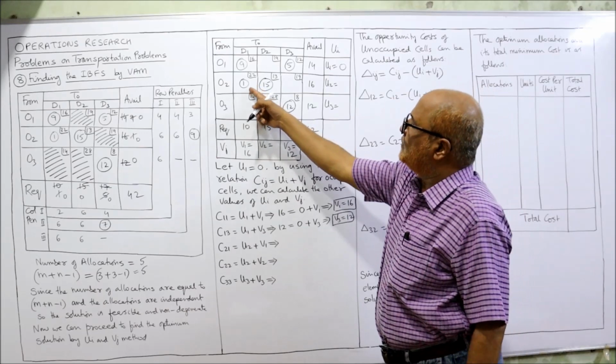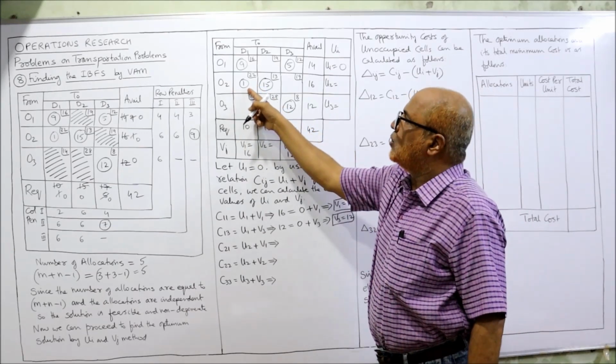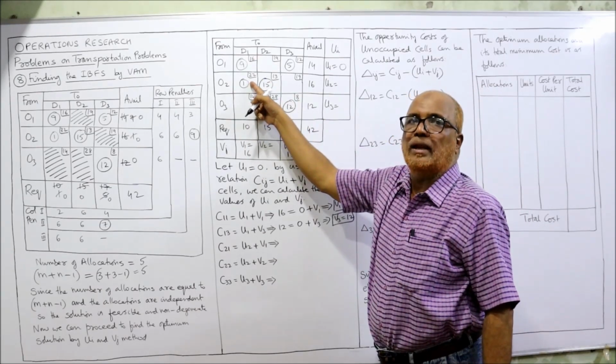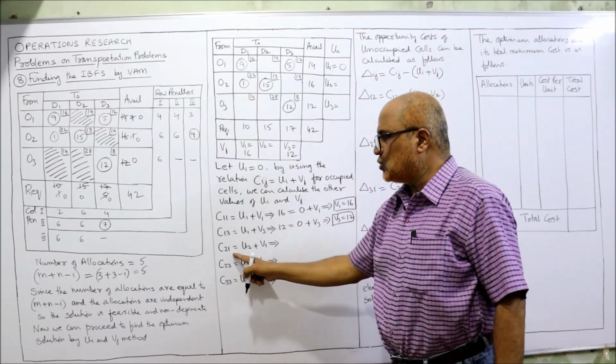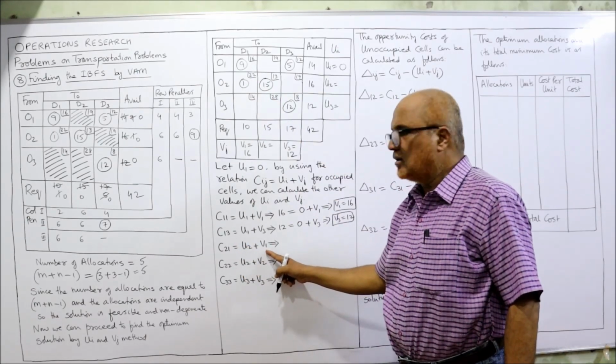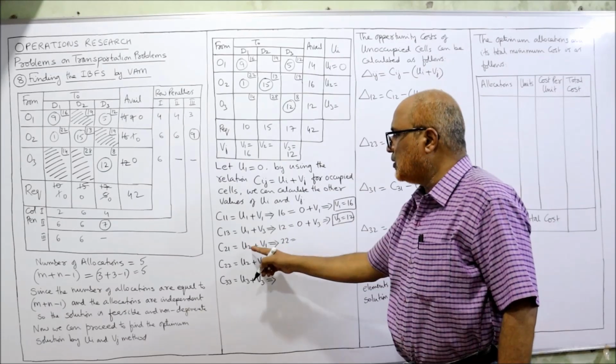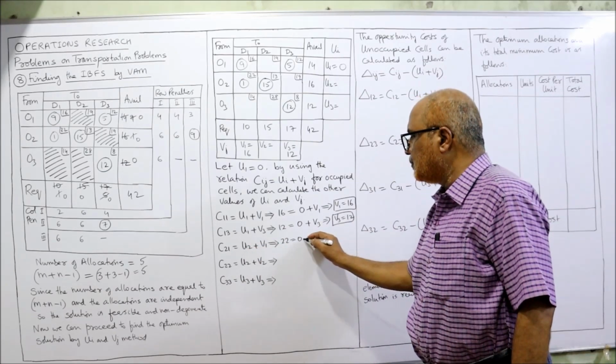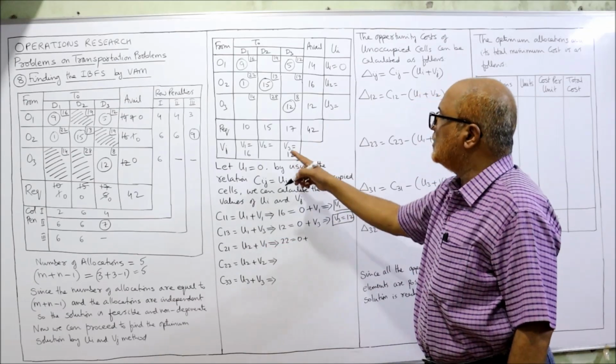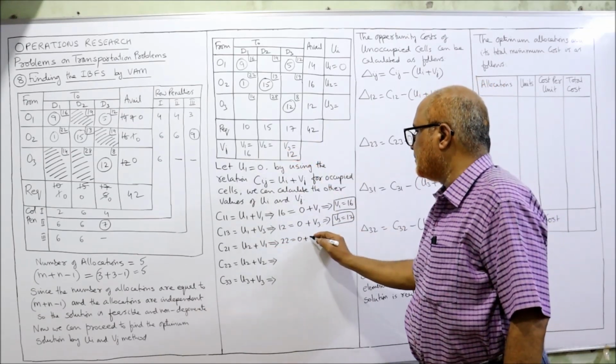What is the location of this cell? Second row, first column, 2, 1, C21. So C21 is equal to U2 plus V1. How much is C21? 22 is equal to U2 plus V1. We don't have U2. How much is V1 here? 16.